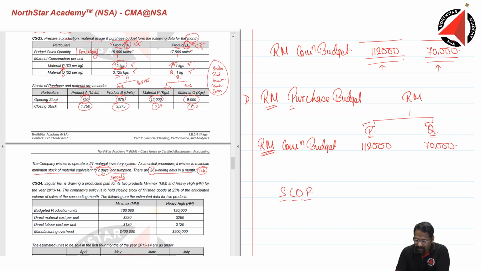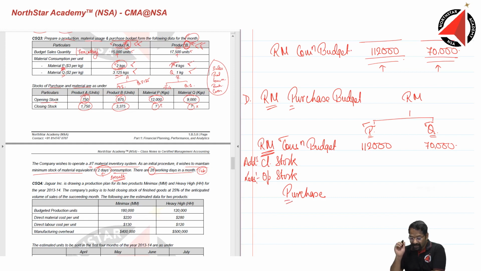Instead of sales, it is raw material consumption, but after that it is same, COP. Alright. So after that what? So closing stock. C, then O, opening stock. Then what? Then purchase. COP, add, less, and then purchase.